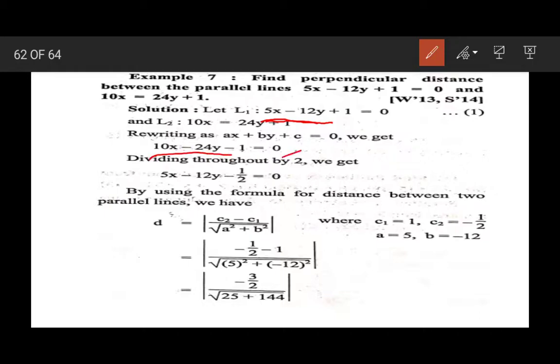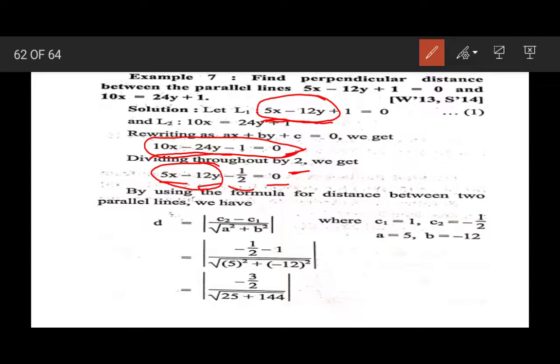So we are going to divide this equation by 2. By dividing this by 2, we get 5x minus 12y minus half equal to 0. Now see, I am getting exactly the same terms, 5x minus 12y, 5x minus 12y.